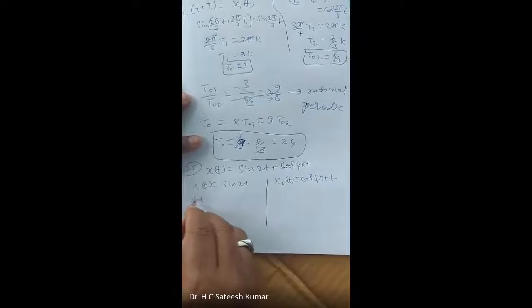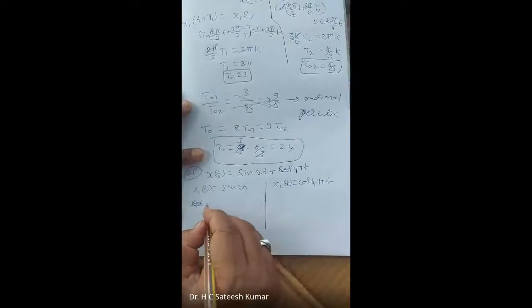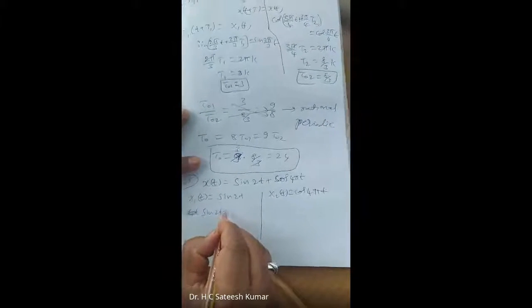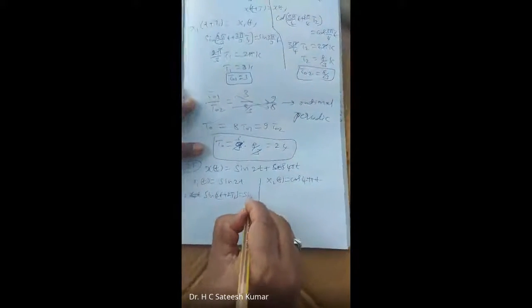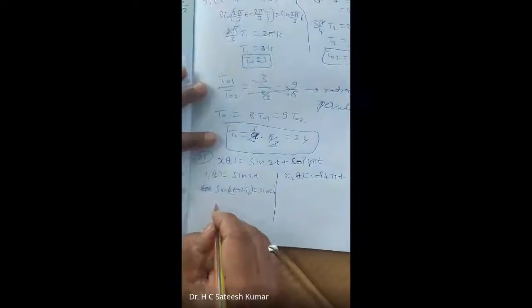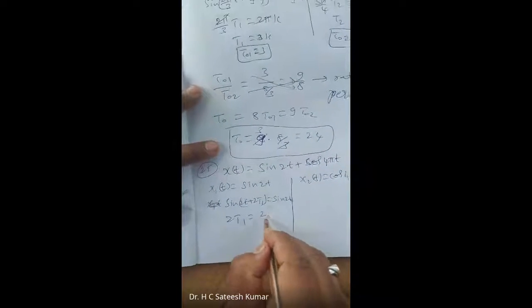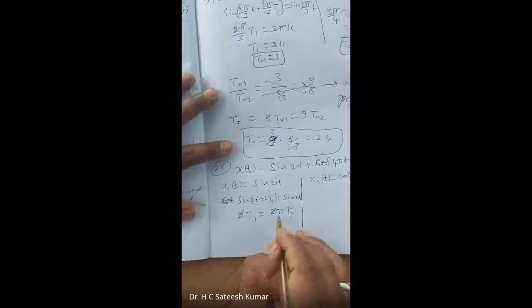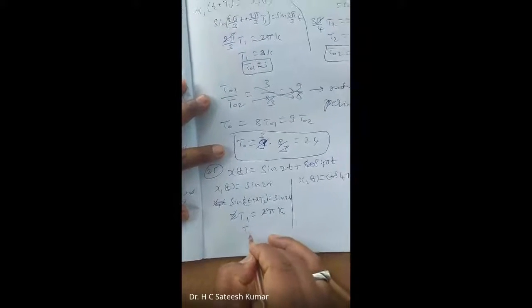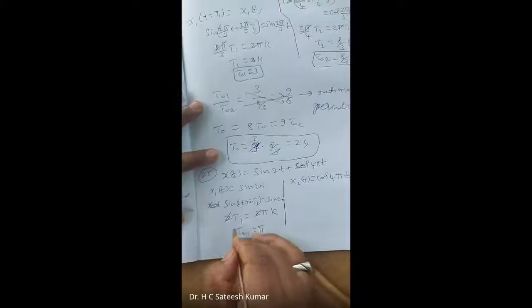For x1 of t plus T, the condition is sine of 2t plus 2 T1 is equal to sine 2t. When these two are equal, 2 T1 is equal to 2 pi k. The 2s get cancelled. T1 is equal to pi k. T naught 1 is equal to pi.